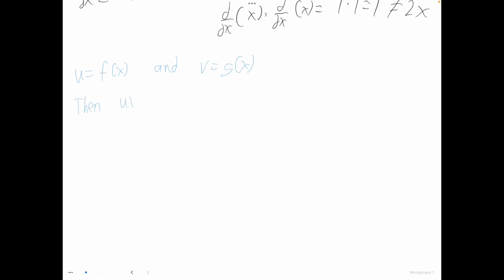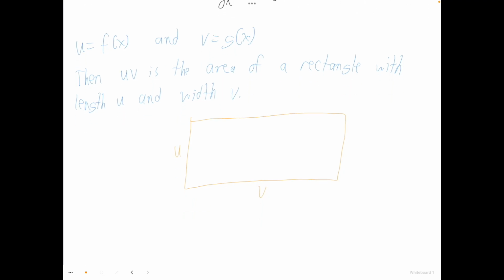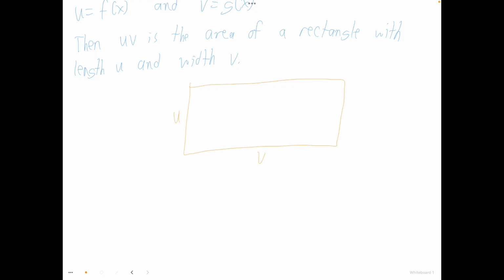Then u times v is the area of a rectangle with length u and width v. So we just have this rectangle with a length of u and a width of v.